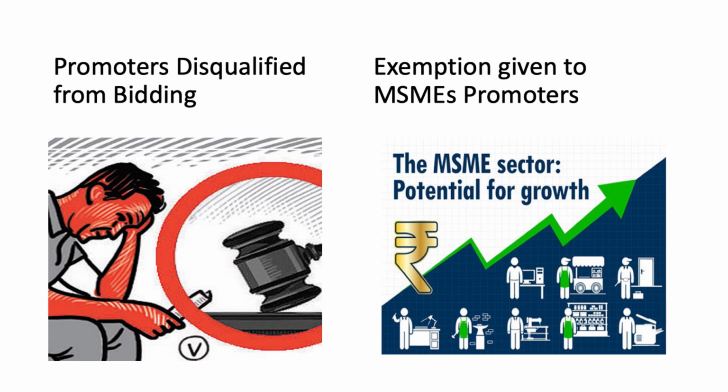Thus, MSME promoters can bid for their enterprises which are undergoing CIRP provided they are not willful defaulters, providing a big relief to MSME industry. It was also clarified that a resolution plan may include provisions for the restructuring of the corporate debtor by way of merger, amalgamation and demerger. This step will provide a major boost to the merger and acquisition industry.